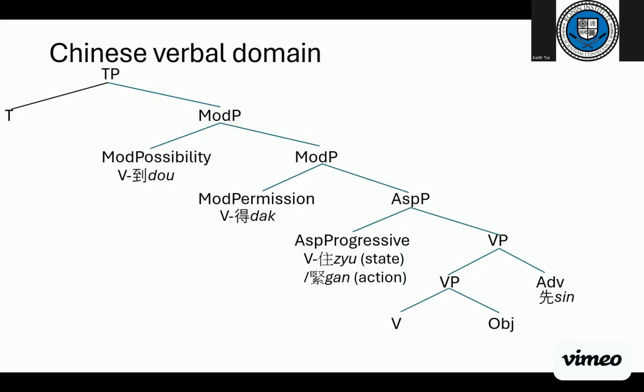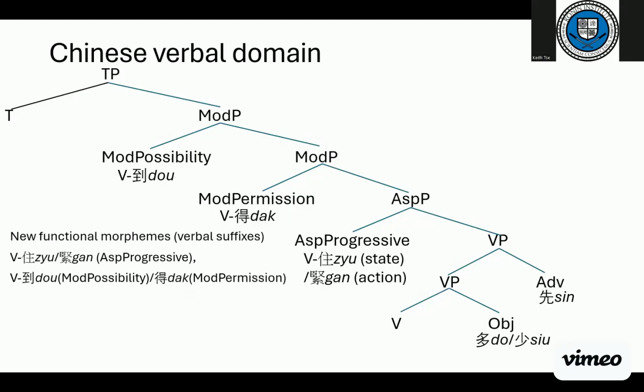Also, we saw that we can use the adverb in the post-VP position, such as 先. So 先 comes after the verb and the object, so it comes after the verb phrase. And then we've got 多, which comes after the verb, but these seem to be adjacent to the verb, so they seem to be non-thematic objects.